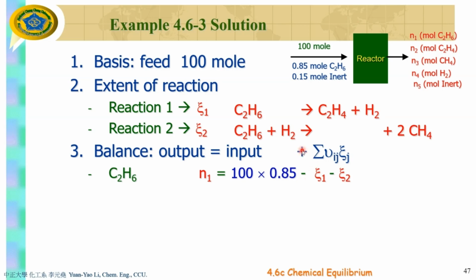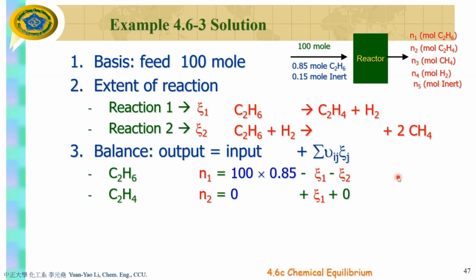And you need to plus summation nu times Xe. So you have Xe1, which is 1 mole here, and you have Xe2, which is 1 mole here. So what can you write down? The summation of Xe1 plus Xe2 with a minus sign in the front. So you have minus Xe1 minus Xe2 here. So N1 equals this. Right? So you can write down N2, N3, N4, and N5.